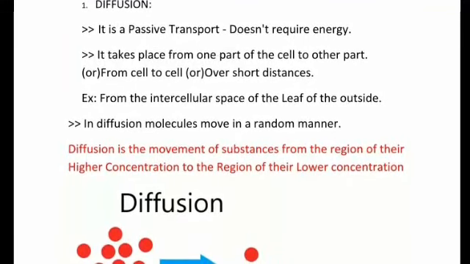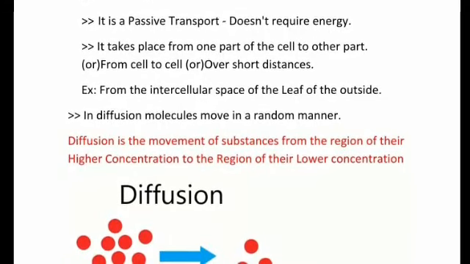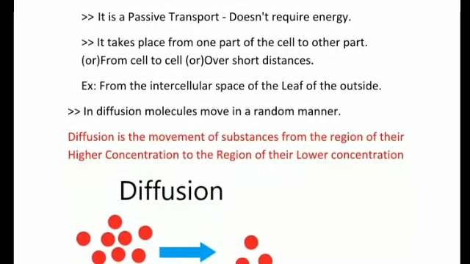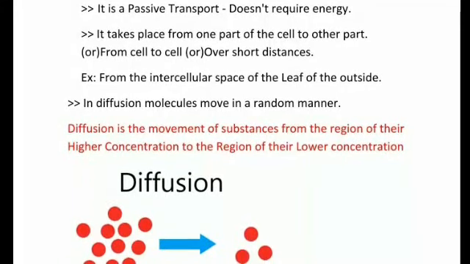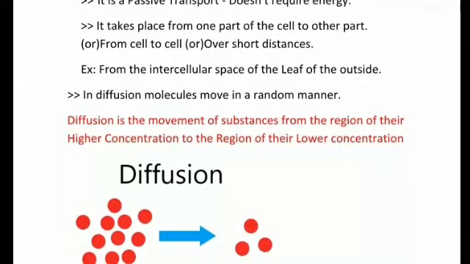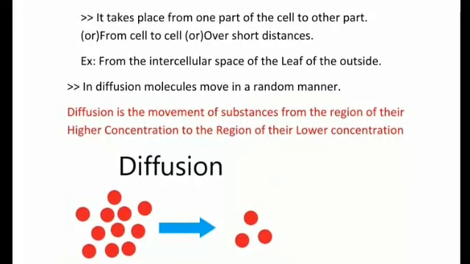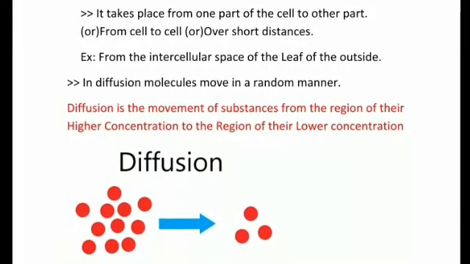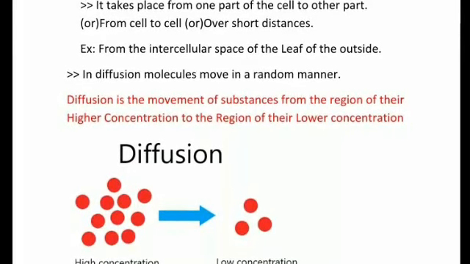Diffusion is a passive transport, meaning it does not require any energy. Diffusion takes place from one part of the cell to another part, or from cell to cell, or over short distances, for example, from the intercellular spaces of the leaf to the outside.